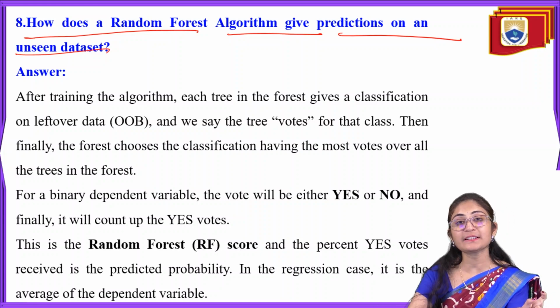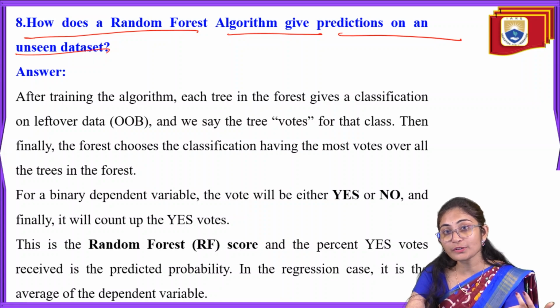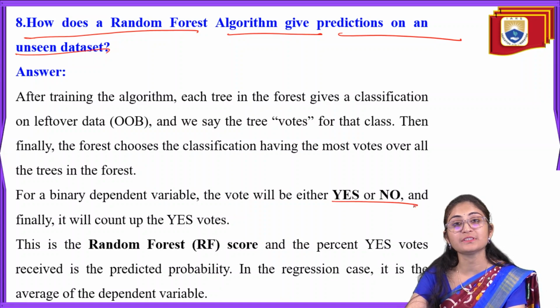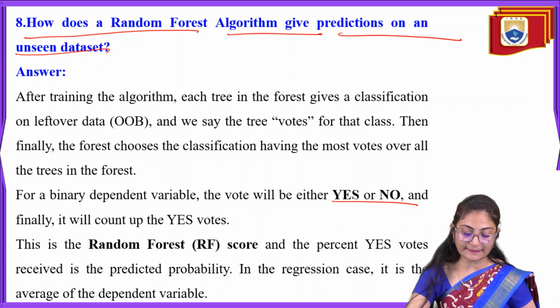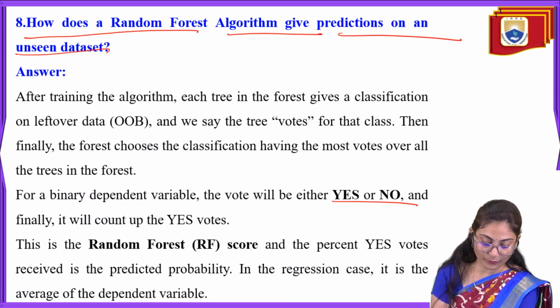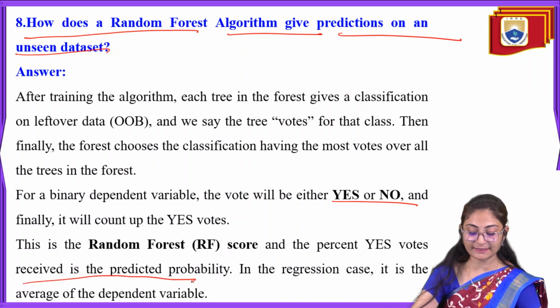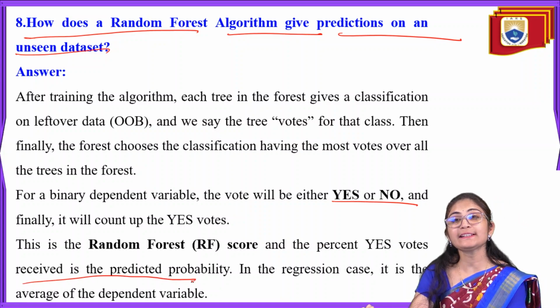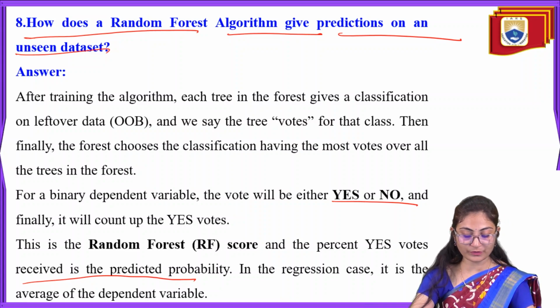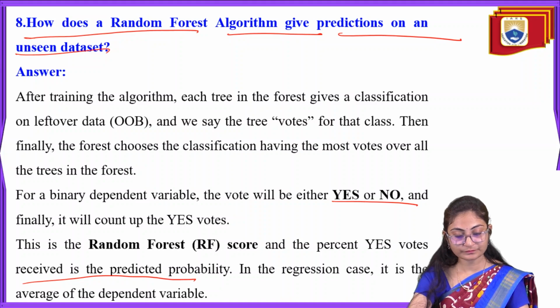For a binary dependent variable, the vote will be either yes or no, and finally it will count up the yes votes. This is the random forest score, and the percent of yes votes received is the predicted probability. In the regression case, it is the average of the dependent variable.